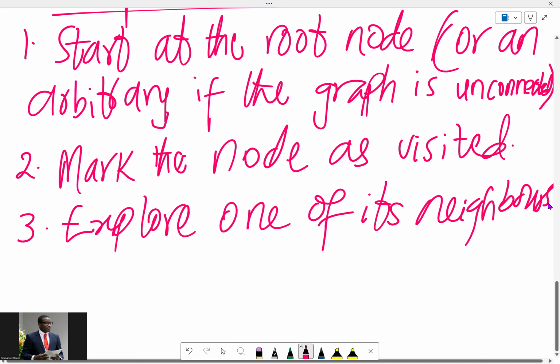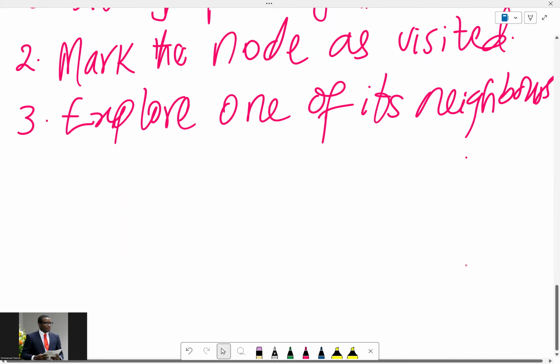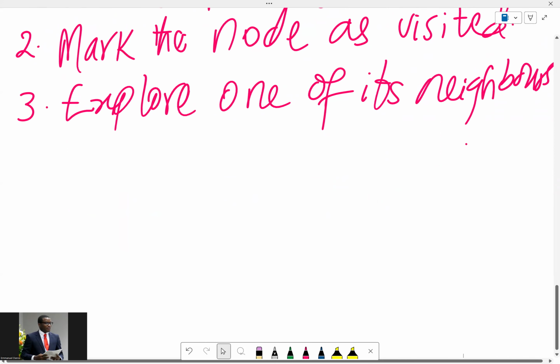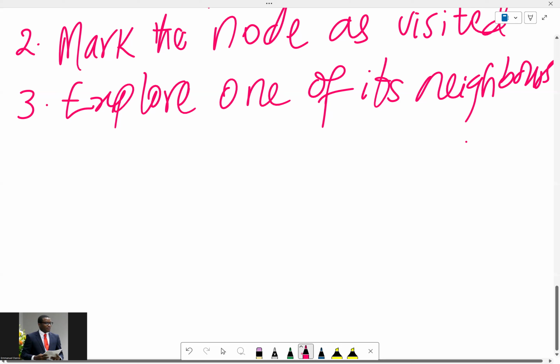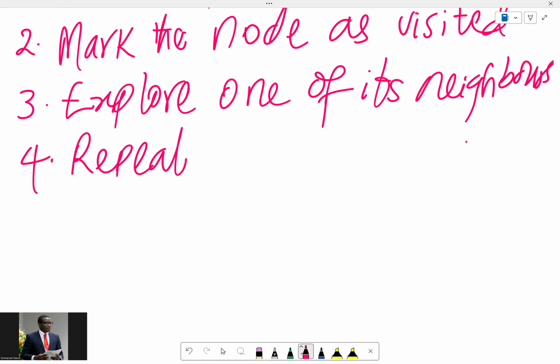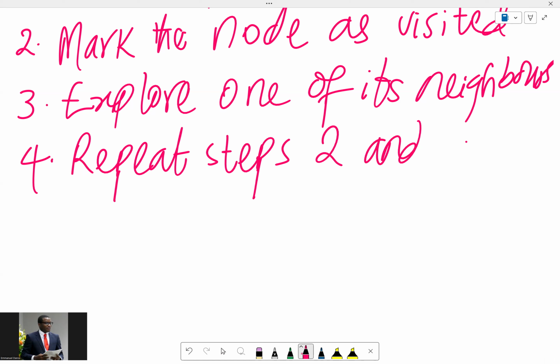Then step four, you repeat steps two and three until all neighbors are visited.